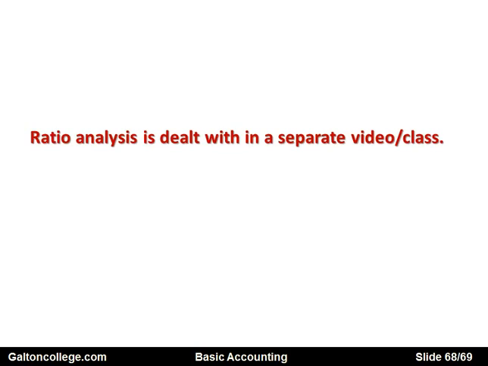And we've also looked at some basic principles of accounting, the cash system versus the accrual system, single entry, double entry, and just mentioned also the idea of the final accounts. And finally we talked about ratios, which is dealt with in a separate class. And that's all I'm going to deal with in this particular class.